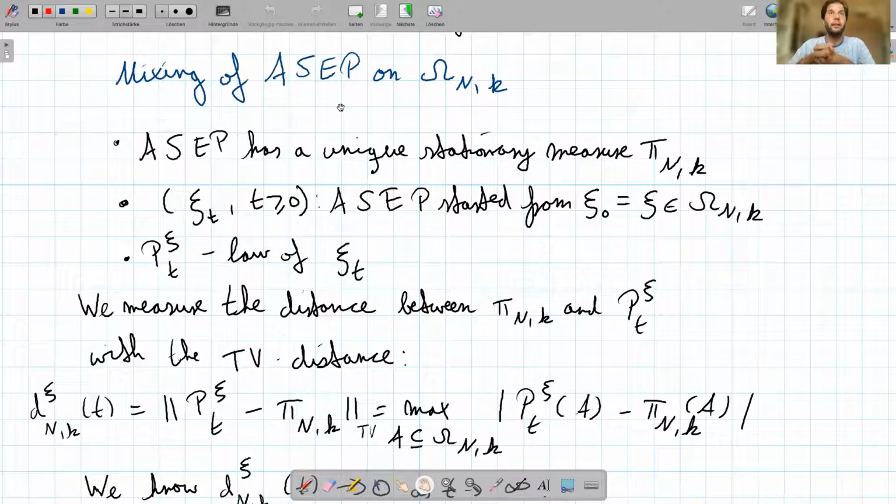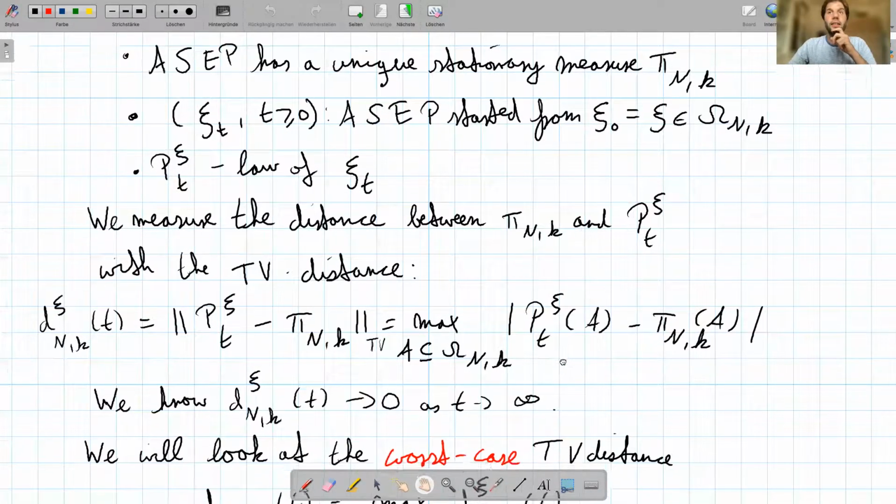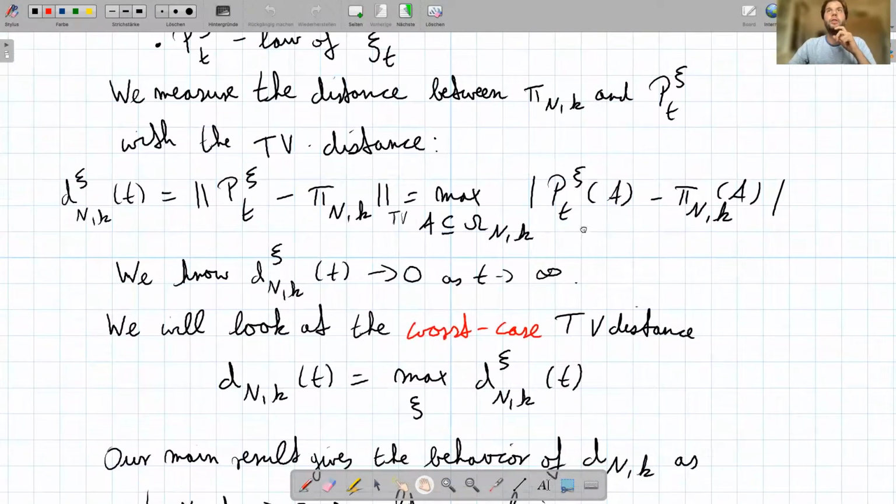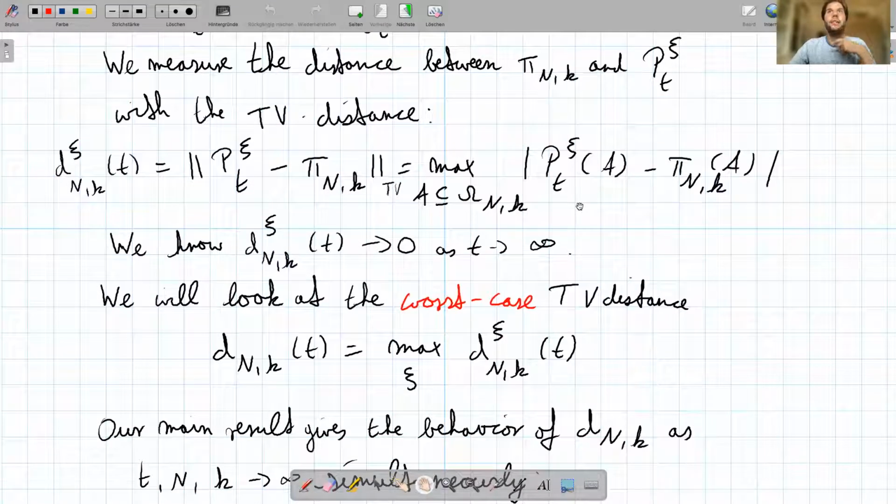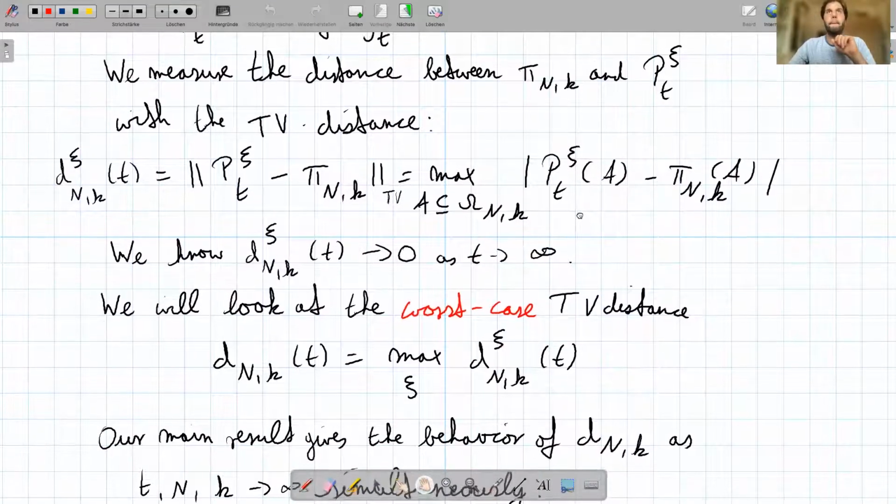So we will look at the ASEP xi_t, which is the ASEP started from a certain initial configuration xi from our state space. We will denote by P_t^xi the law of the configuration xi_t. What we want to study is the distance between the law of the process at time t and the stationary measure pi_{n,k}.